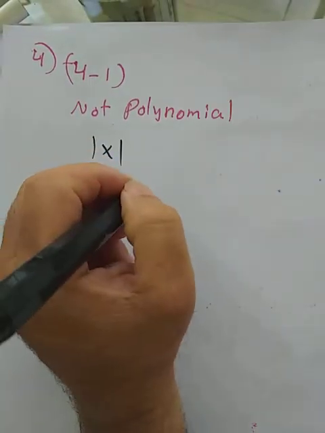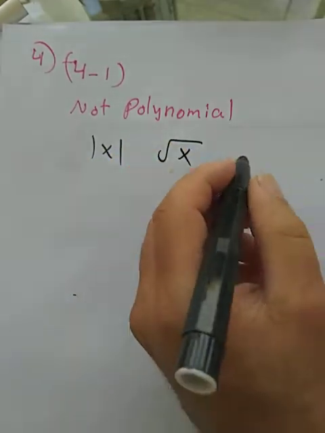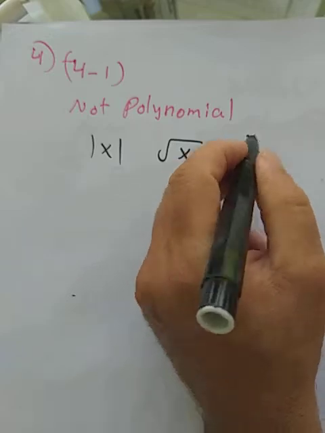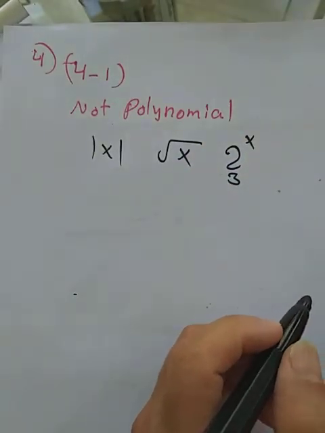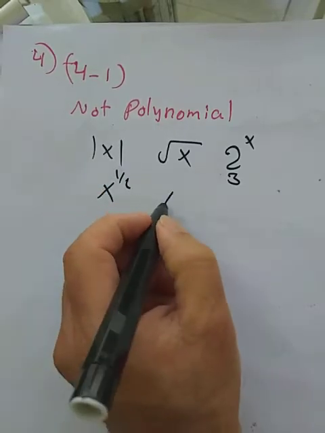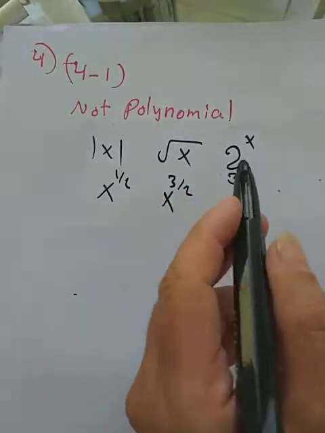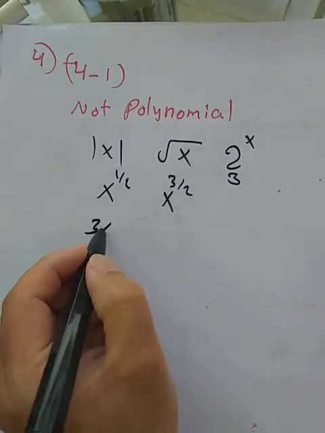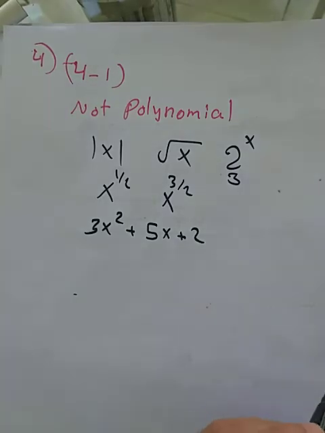If you have absolute x, radical x, 2 to the power x, 3 to the power x, any number to the power x, it's not a polynomial. If you have x to the power 1 over 2, x to the power 3 over 2, these are all not polynomials. 3x squared plus 5x plus 2, this is a polynomial.